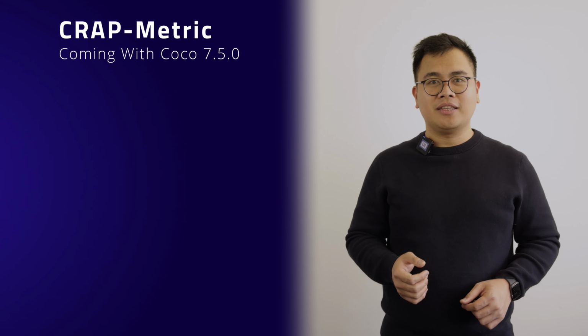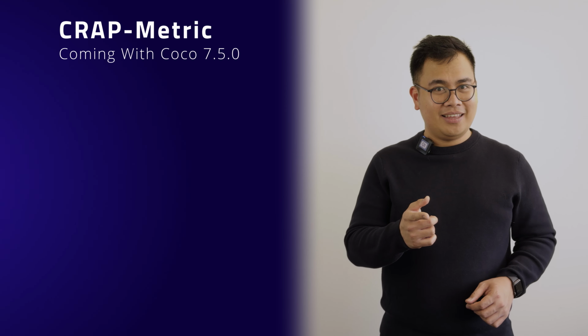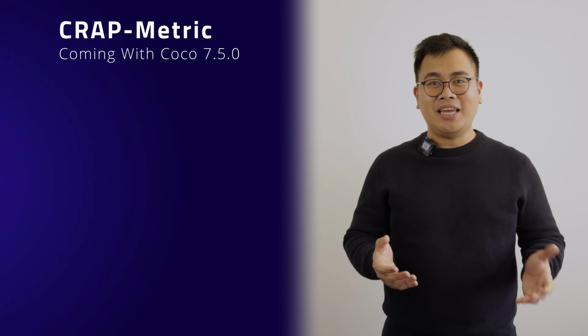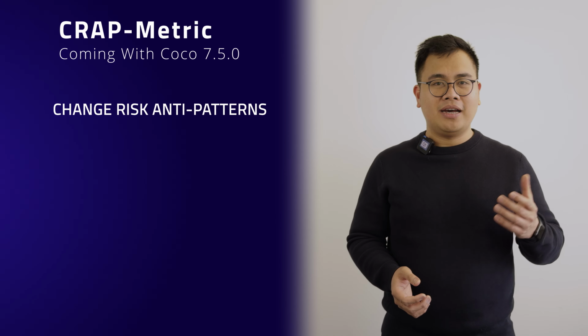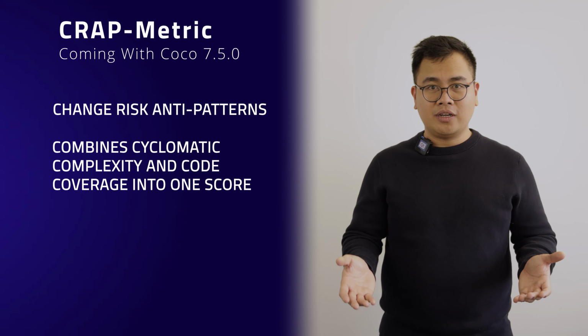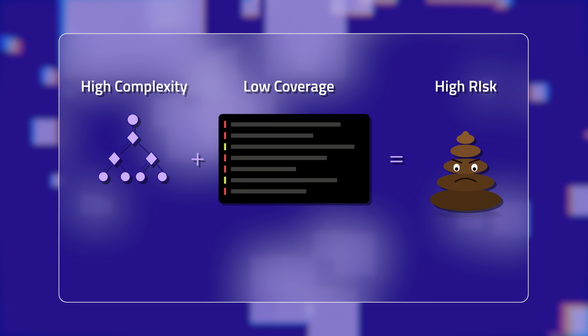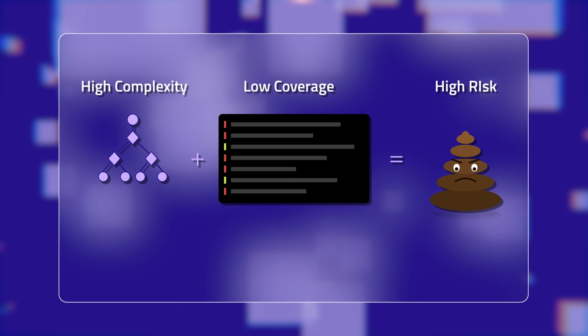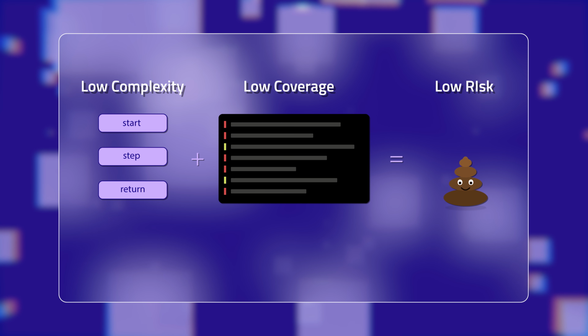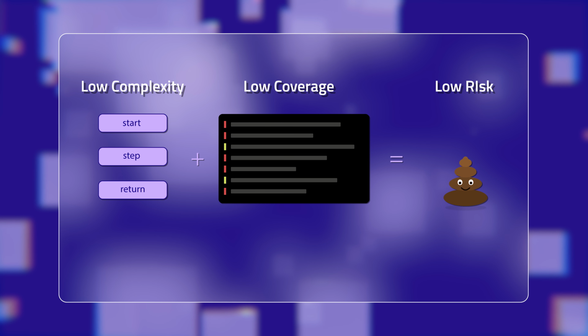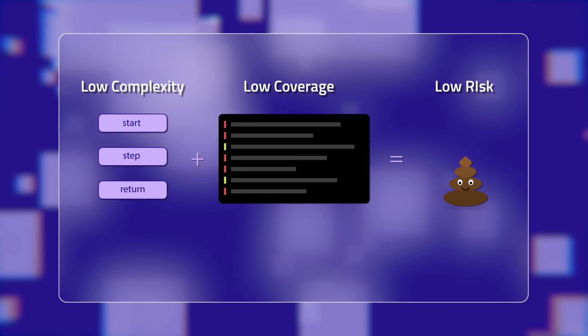This is where Coco comes in. In this release, we're introducing the CRAP metric. Haha, you got that right? But it just means change risk anti-patterns. It combines cyclomatic complexity with code coverage and turns them into one score. So functions with high complexity but low coverage end up with a high score, and functions with low complexity and low coverage end up with a low score, so that you can make a distinction between these two scenarios.